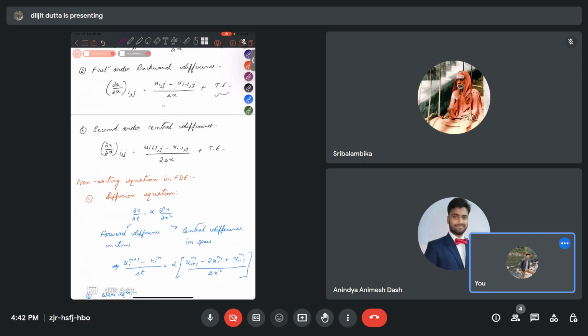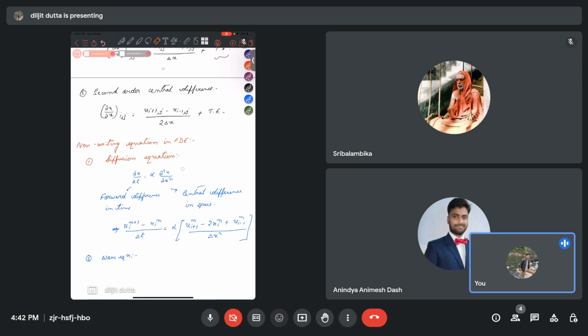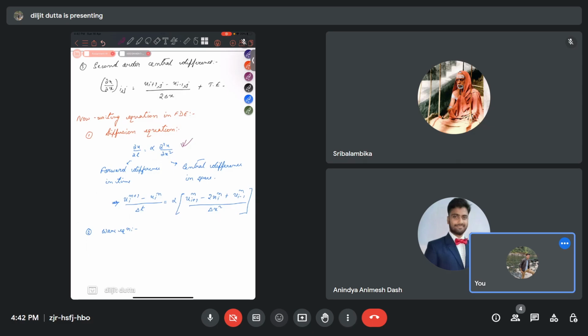So this is how we write the partial derivative. We now know how to write the differential terms in terms of algebraic form, that is in a finite difference discretized form. So if we take the diffusion equation, we can write it in terms of this.